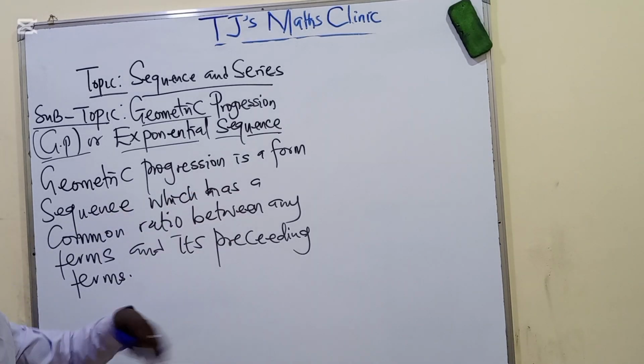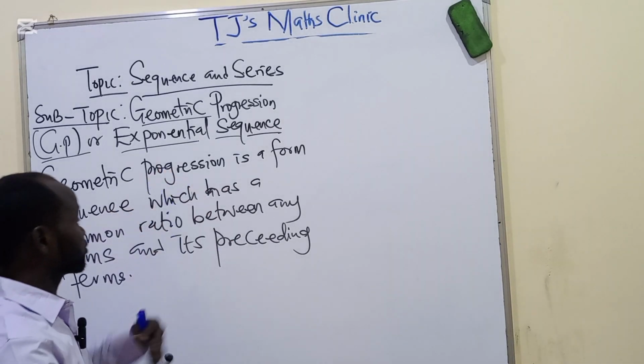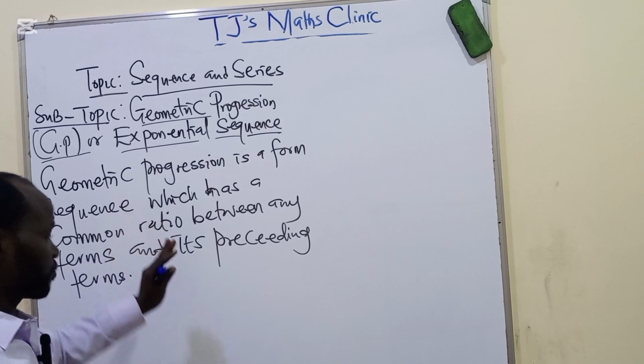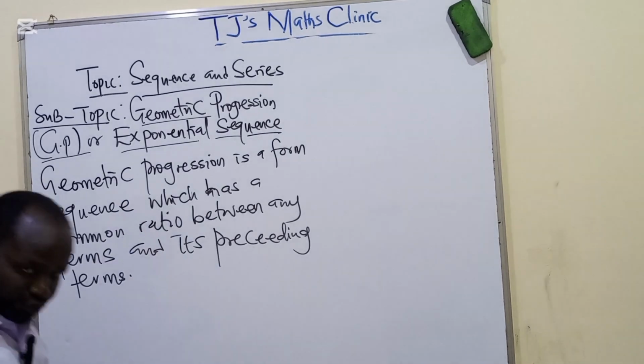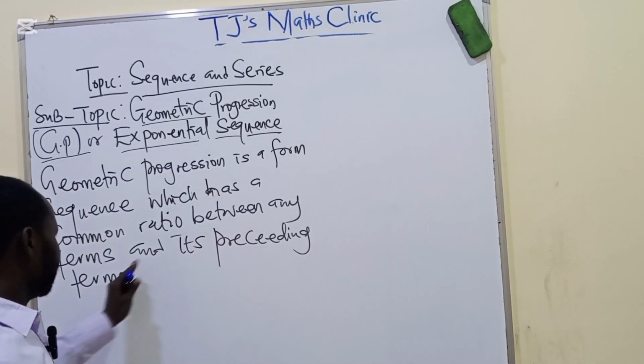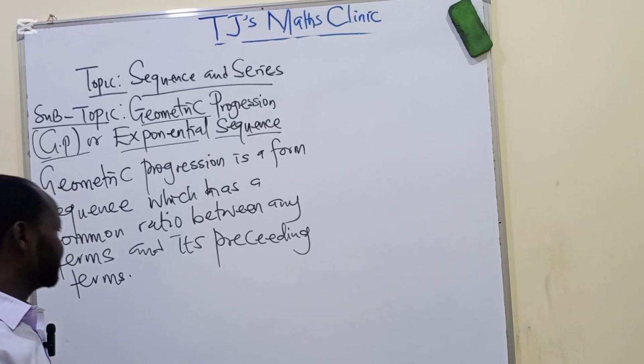Geometric progression or exponential sequence is a form of sequence which has a common ratio between any terms and its preceding terms.